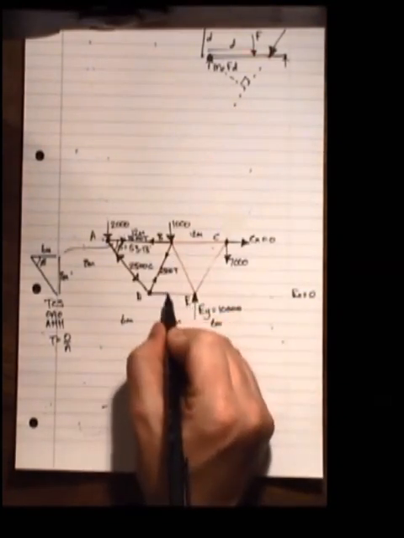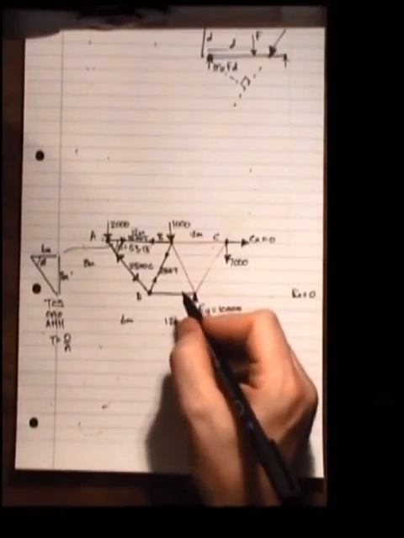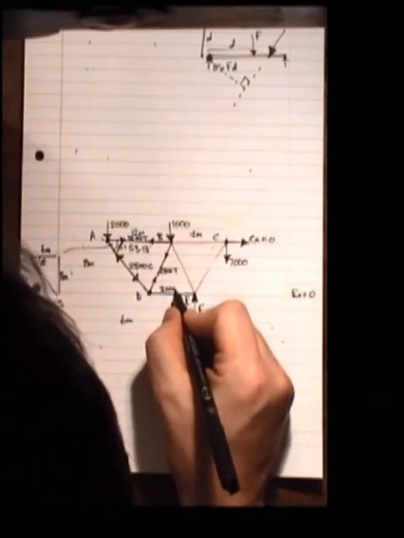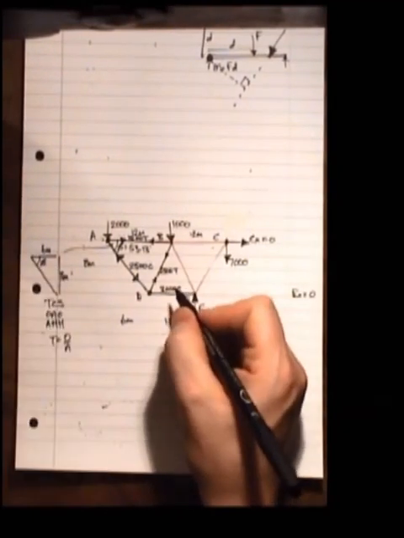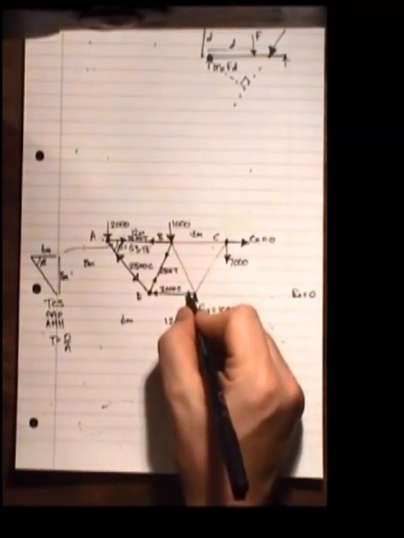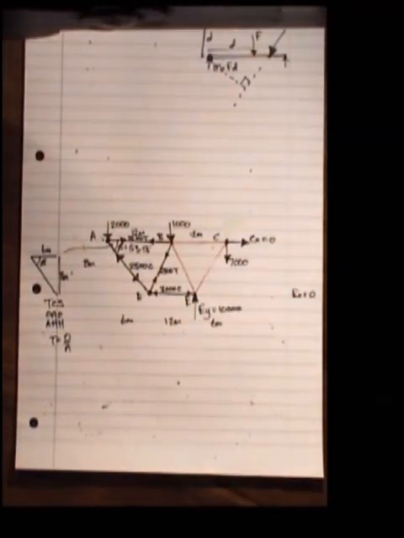FDE, we've just worked out what that is. It was 3,000 in compression. Arrows pointing outwards. Right, need another piece of paper to work out the rest of the joints.